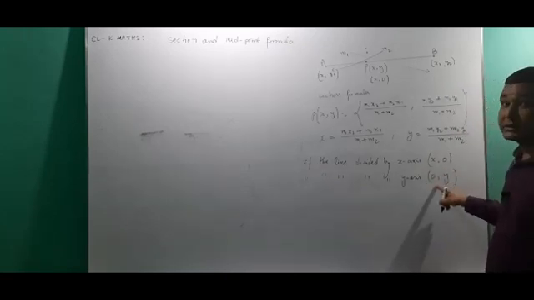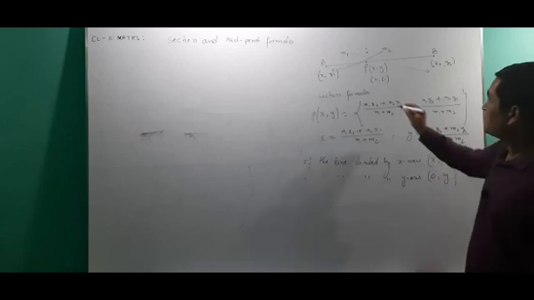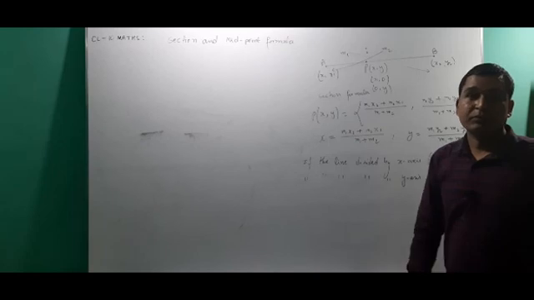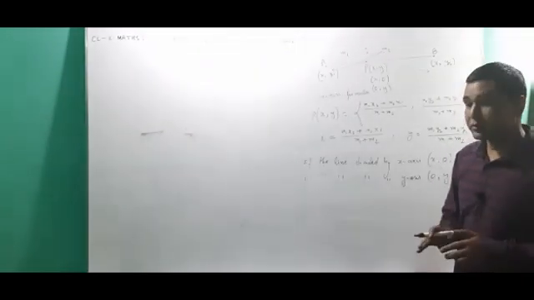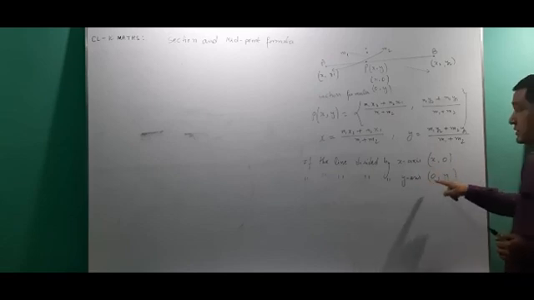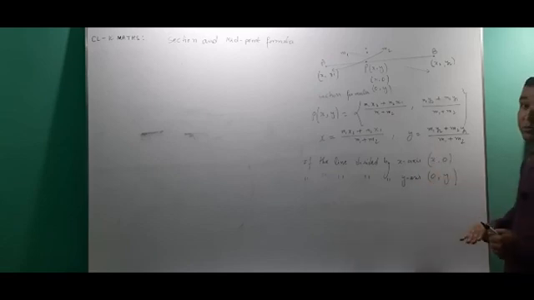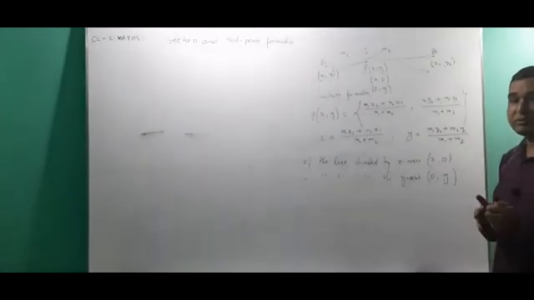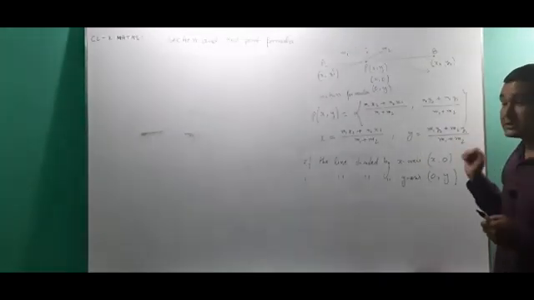Okay, and if the line is divided by the y-axis, don't forget to write 0 comma y in place of the p coordinate. Okay, that is very important. X-axis means y is 0, y-axis means x is 0, because they will give this type of question to find the ratio of a line. Okay, at what ratio the line is divided by the x-axis or y-axis. This type of question they will put everywhere, and that's why this is very important.